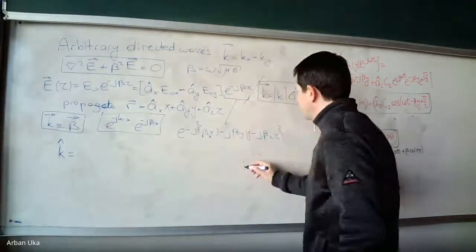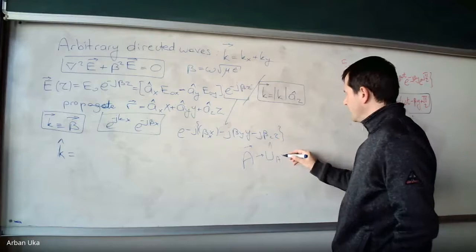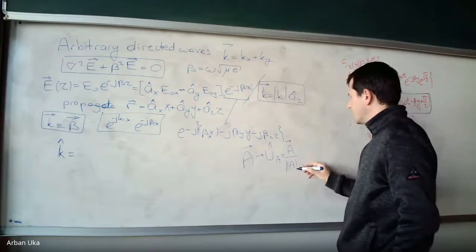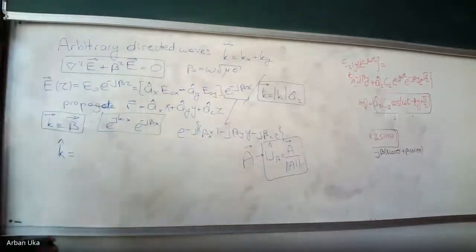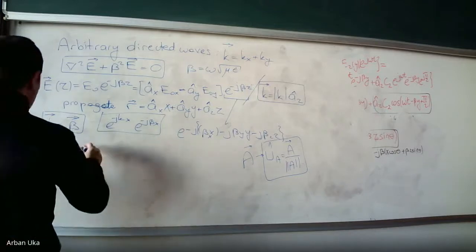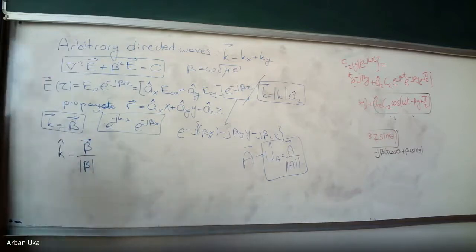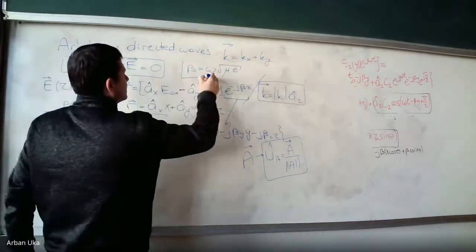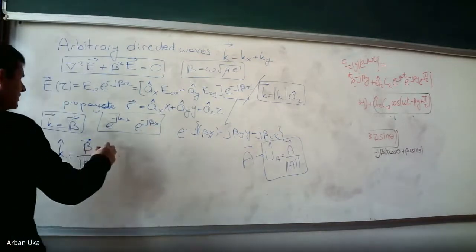For any vector A, the unit vector along A is equal to the vector A divided by the magnitude of the vector. You do remember these identities from linear algebra. And now this k, we can denote as the vector beta divided by the magnitude of beta, and the magnitude of beta we have written here. So beta itself, we know what it is.